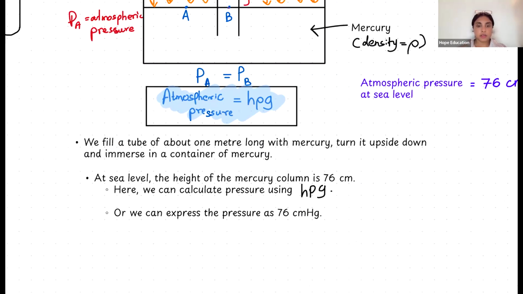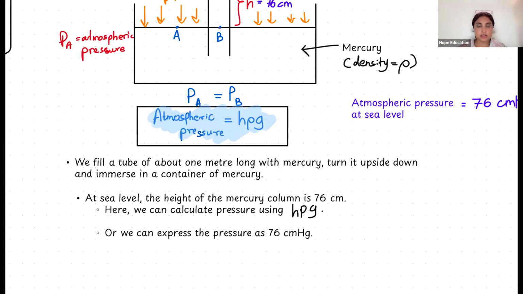So we talked about the atmospheric pressure, how to express that.